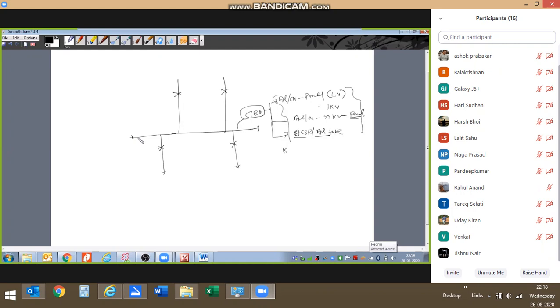So to get better flexibility of maintenance, economy and reliability, we discuss the different schemes of the bus bar, so that we can get reliability, we can get maintenance, and we can keep the power continuous without any interruption, without any blackout conditions.